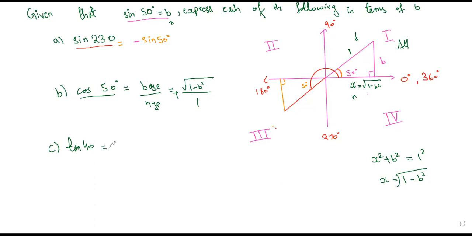Tan is basically perpendicular over base. So what is the perpendicular side? You call it the opposite side. So what is the opposite side? It's b, over.